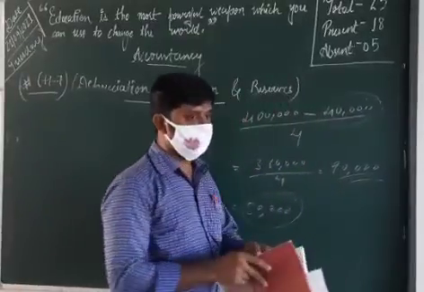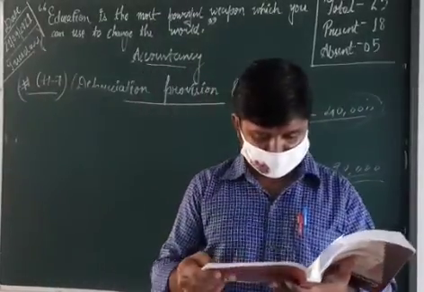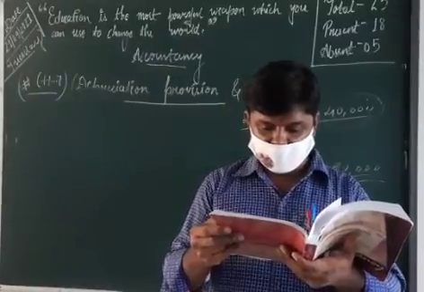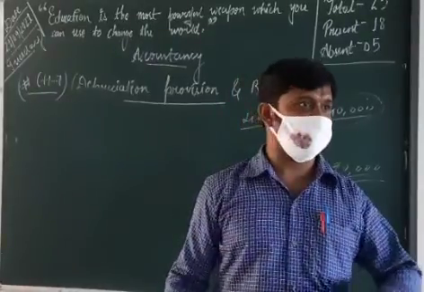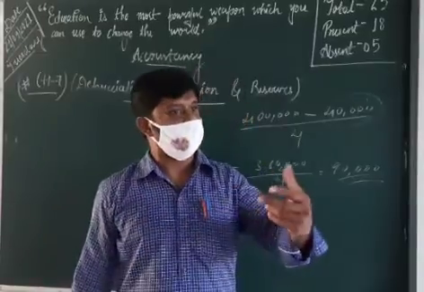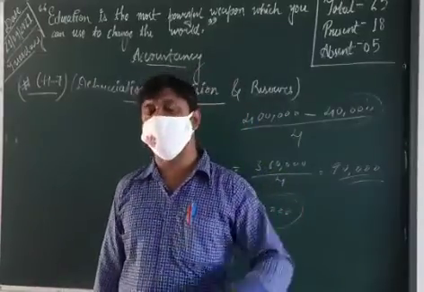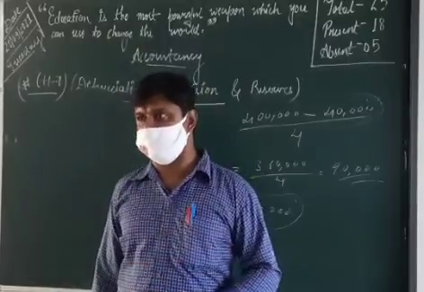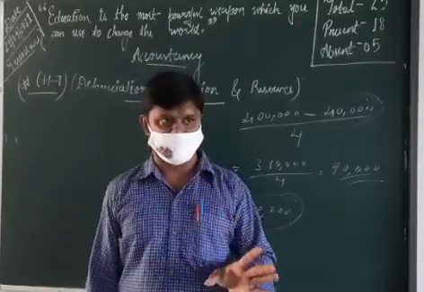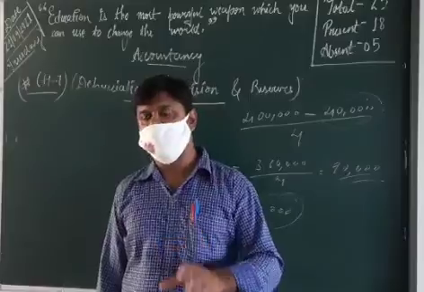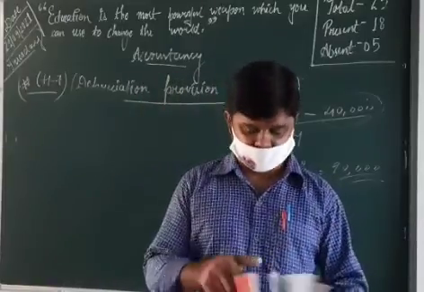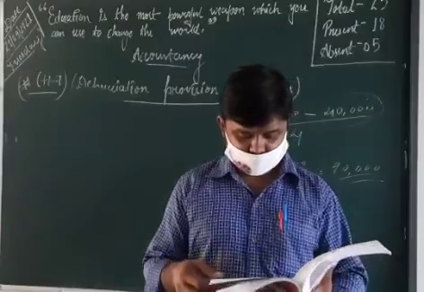Another thing we can understand from here is that depreciation is charged to the asset account. We already studied two methods: one is providing provision for depreciation, another is directly charging to the asset. Here it asks for both methods. First we see when the value is directly charged to the asset account.